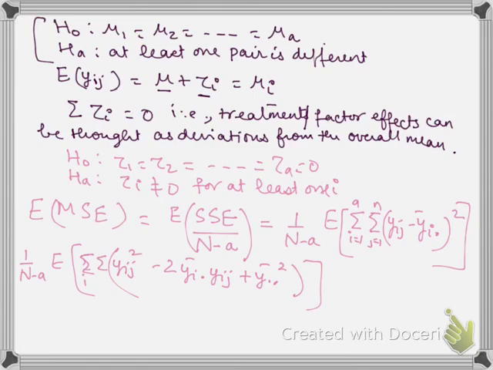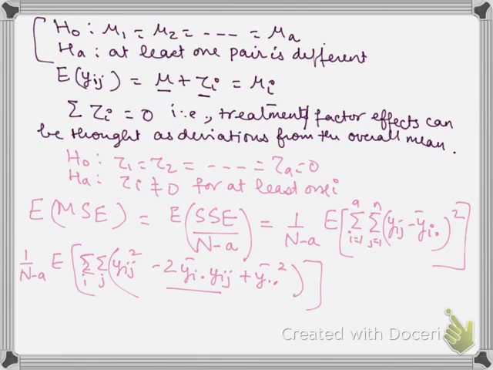I'm not going to write the subscript every time; the first sum is running over i and the second is running over j. So if I look at this, there is Yij, this is Yi dot bar, and this is y bar dot dot squared.